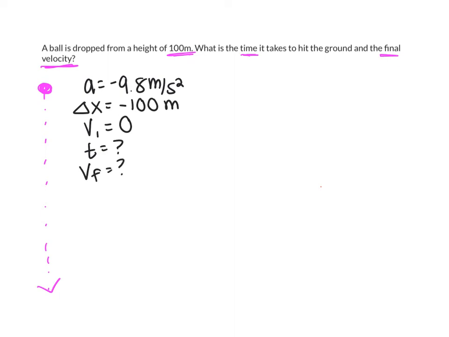Let's look and find an equation without final velocity. That's my second equation. Delta x equals VIT plus 1/2 AT squared. I can get started by getting rid of VI because it is equal to 0. Anything times 0 is 0.